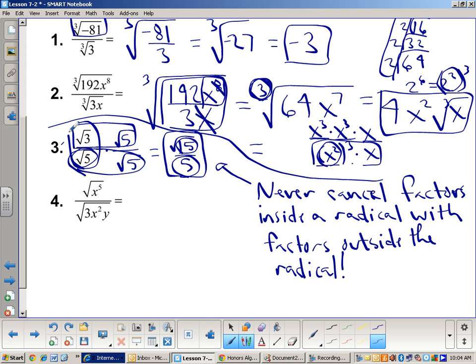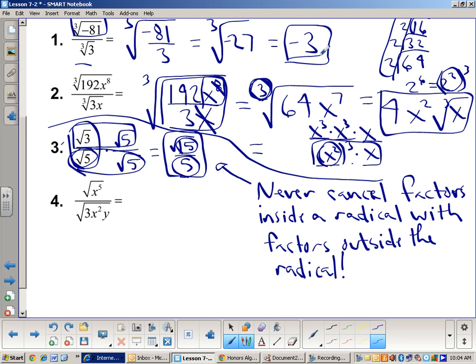I could have rationalized these up here first, but then when I was done, I would have had an extra 3 on the bottom and an extra 3 on top, and I would have had to cancel them. I would have gotten like a -9/3 and then ended up with -3. I would have had to reduce when I was done.